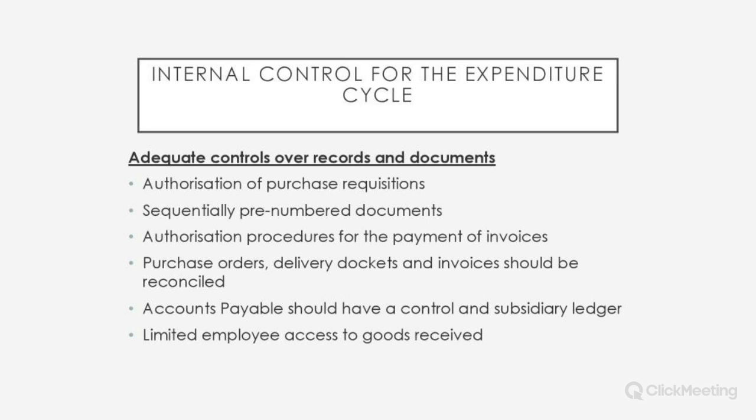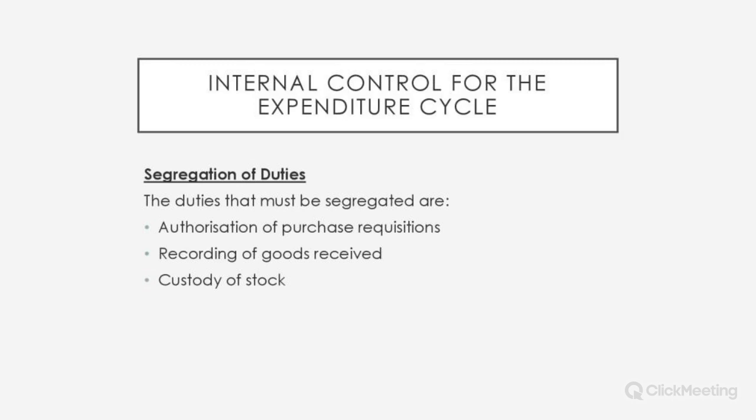That will help identify any errors or mistakes, and will also help keep the records of a business in order. Authorization procedures for the payment of invoices should be in place. Purchase orders, delivery dockets, and invoices should be reconciled. Accounts payable should have a control and subsidiary ledger, and finally, limited employee access to goods received. The duties that must be separated are authorization of purchase requisition, recording of goods received, and custody of stock.